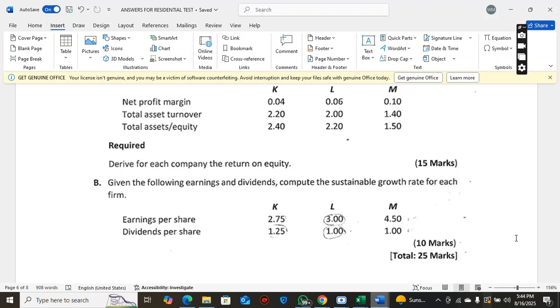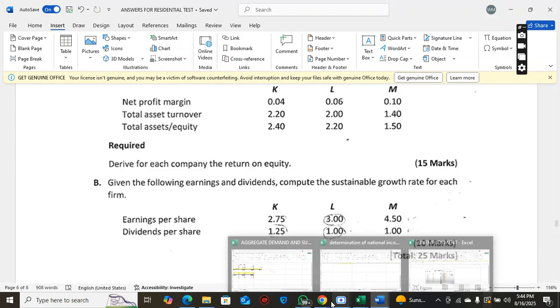If the company is utilizing its profits, at what rate can it grow? So this is a very important metric for you holding a portfolio.